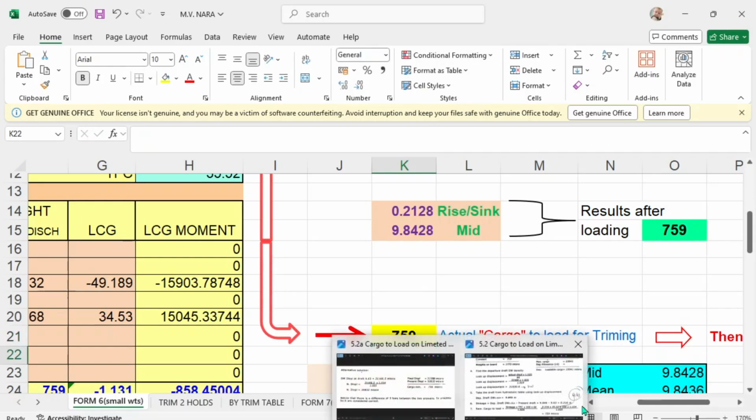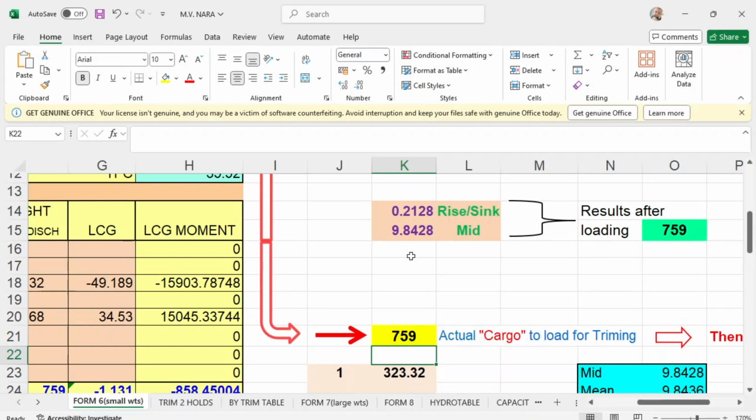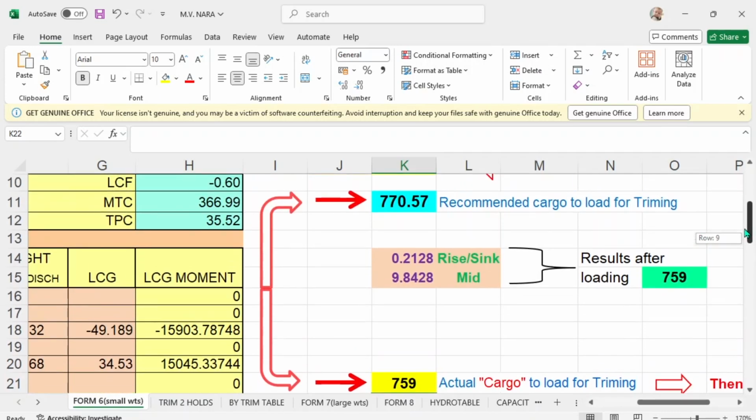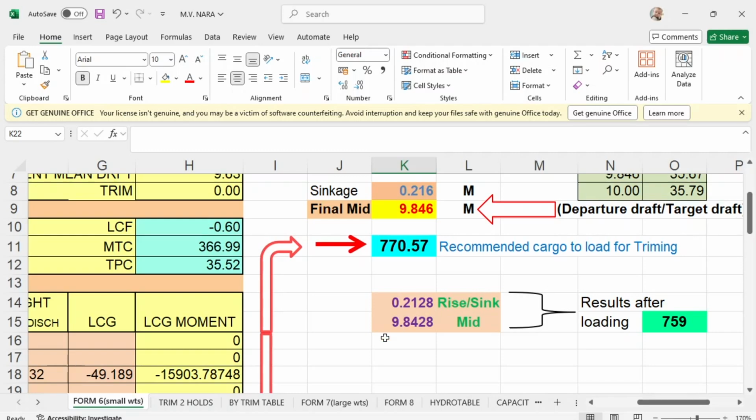What happens now when you load 759? What will be his departure draft? Departure draft will be 9.8428, so it is less by 28. And your sinkage is 212. I got 216.